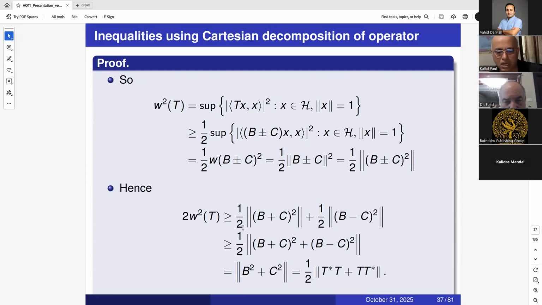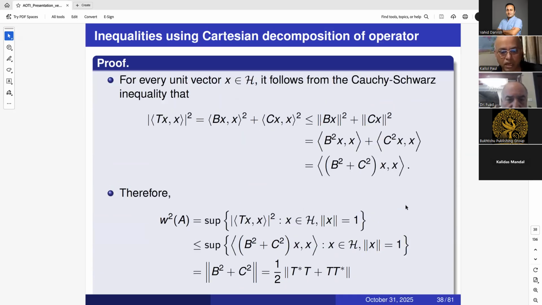So twice w²(T) is ultimately greater than or equal to, doing some calculations, B² plus C². So that means this is equal to half of the norm of T*T plus TT*, where B is actually (T plus T*)/2 and C equals (T minus T*)/2i. So B² plus C² comes out to be this. This is a very elegant application of this Cartesian decomposition.